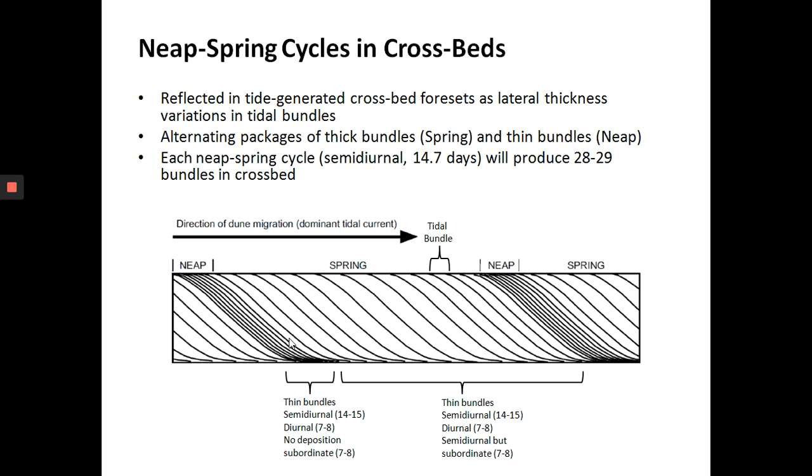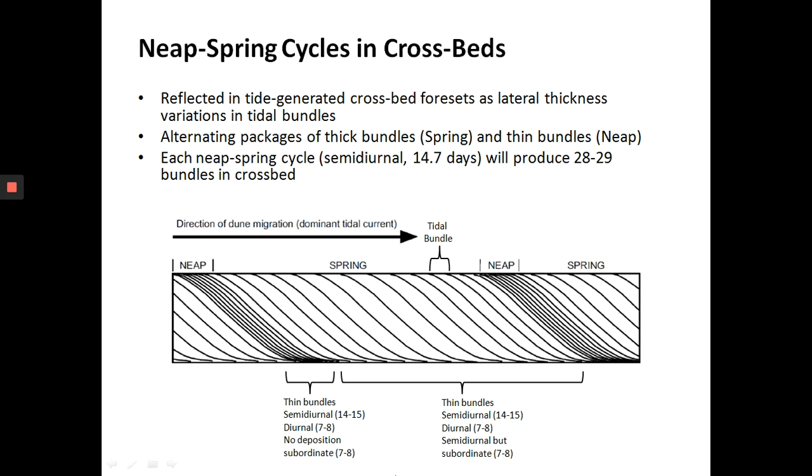So just like in your tidal rhythmites, you can also get evidence of monthly neap-spring cycles preserved in crossbeds. So you get those tidal bundles where you get these layers of sand separated by mud layers. In the rock record, sometimes let's say you get this crossbed here dipping towards the right. So the direction of dune migration is towards the right, and that is going to be the dominant tidal current.